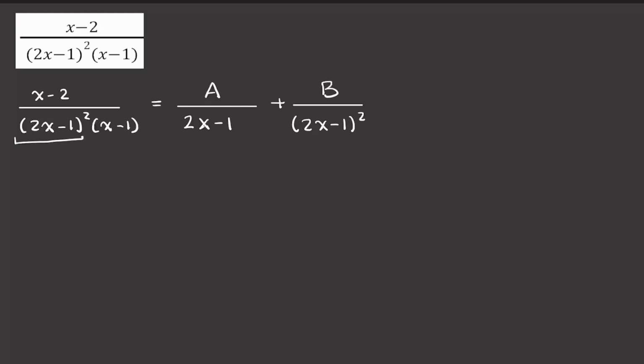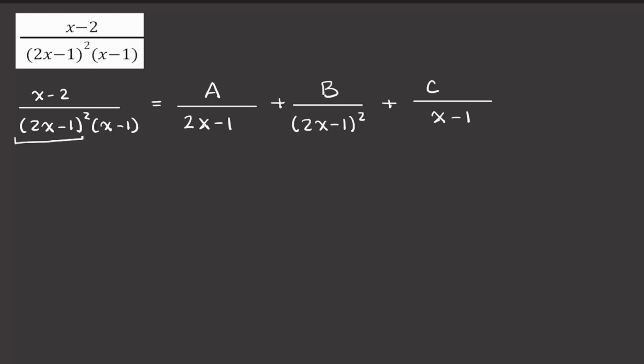The reason it's going to have 2x minus 1 squared is we always need to take into consideration all the possibilities the denominator could be. So it could either be 2x minus 1, or it could be both factors in one denominator. And then the last fraction is c over x minus 1.